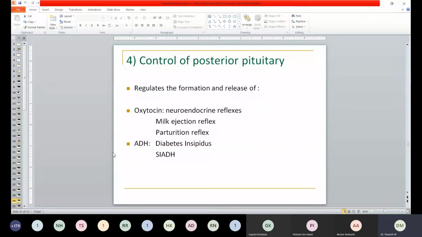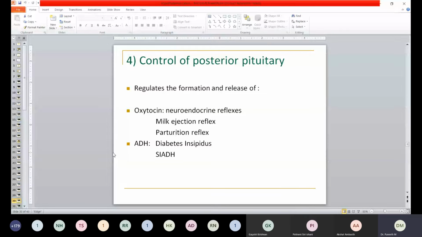Oxytocin has many functions, like neuroendocrine reflexes. Two examples are the milk ejection reflex and the parturition reflex. Since both the neural component as well as the hormonal component are involved, these two are examples of neuroendocrine reflexes. Second is antidiuretic hormone.